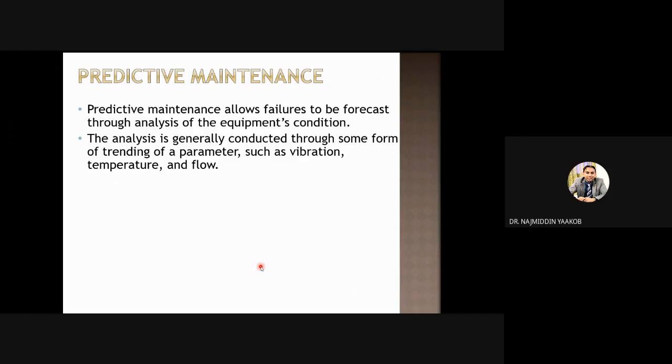For example, you have the record of 1 month's temperature or 1 month's flow of your equipment, and when there is something wrong, you can predict the behavior of your equipment from this record.